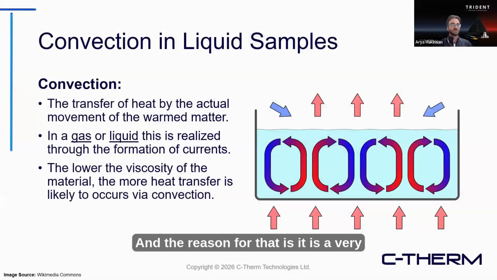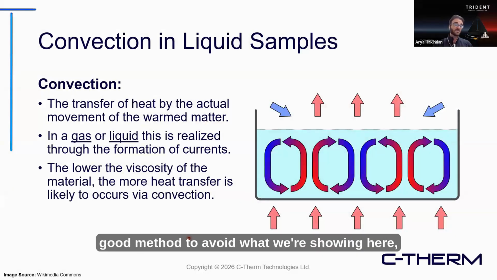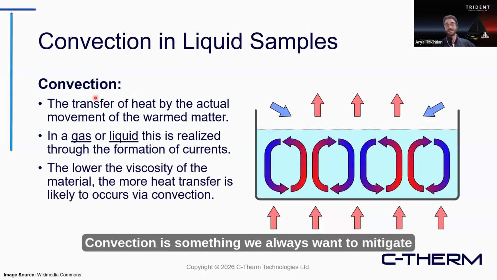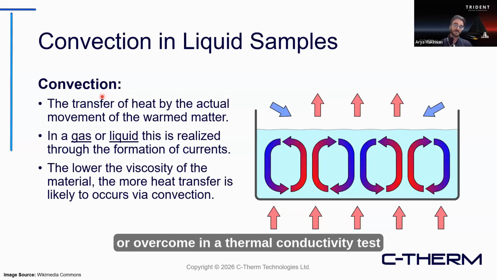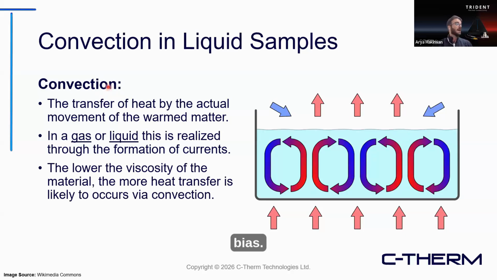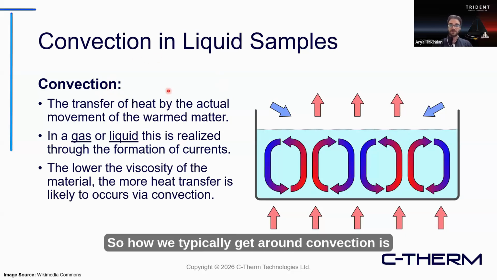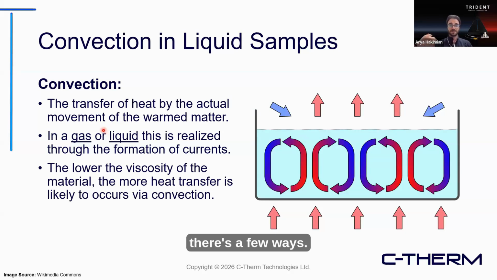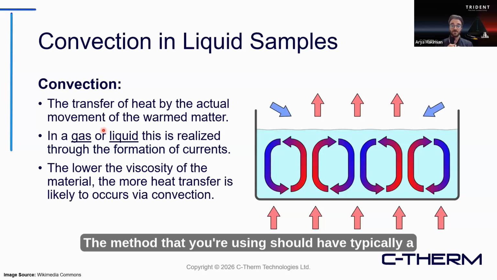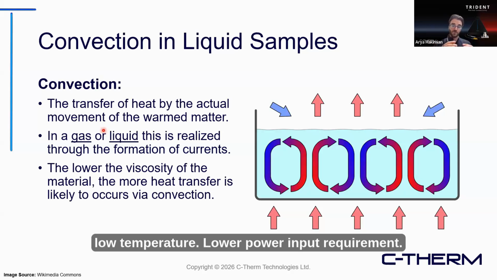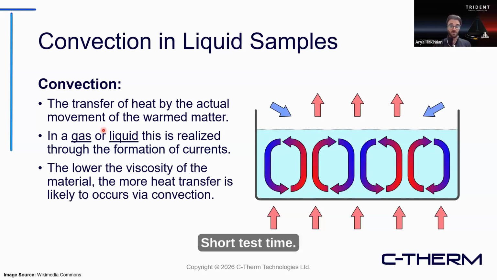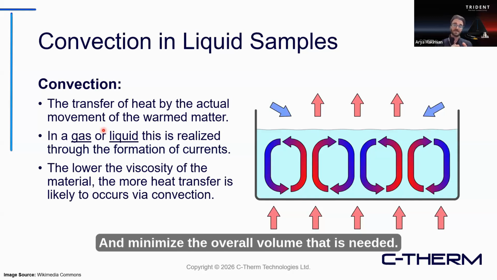The reason for that is it is a very good method to avoid what we're showing here, which is convection. Convection is something we always want to mitigate or overcome in a thermal conductivity test because convection will introduce a measurement bias. There are a few ways we typically get around convection. The method you're using should typically have a lower power input requirement, short test time, and minimize the overall volume that is needed.